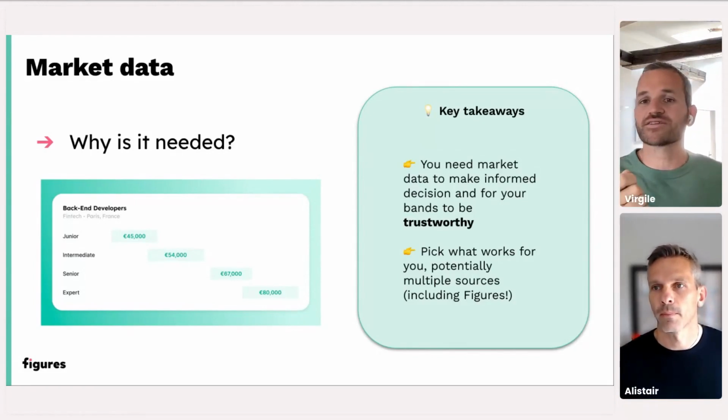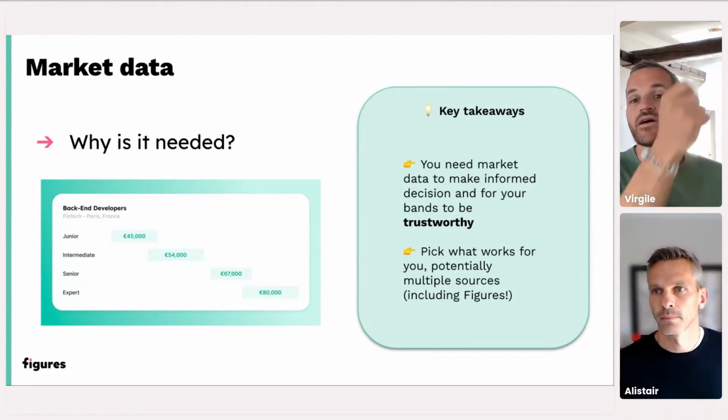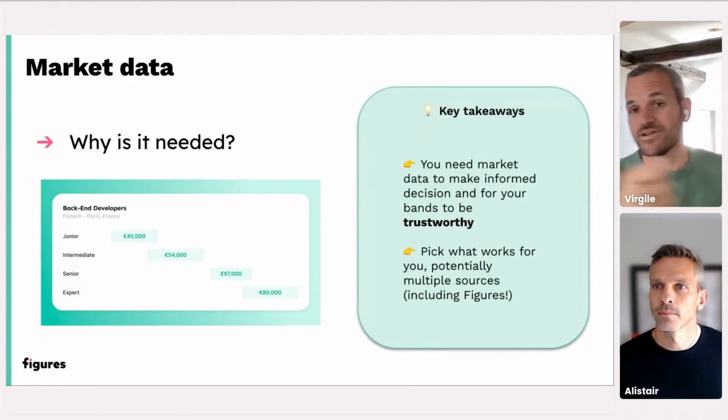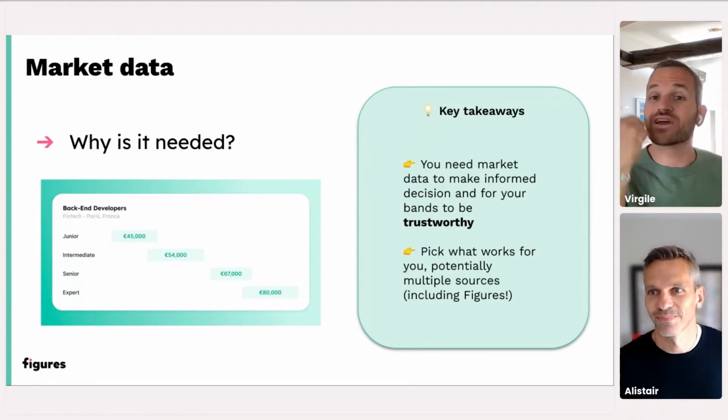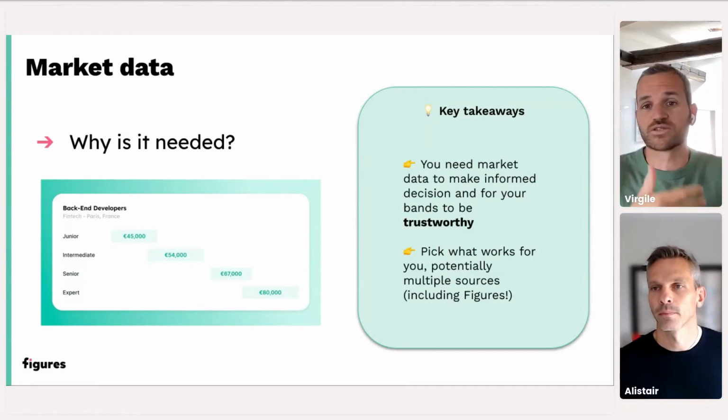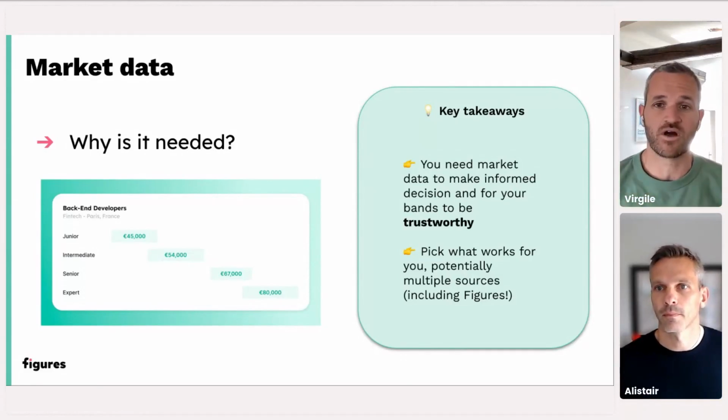You have much less credibility than by saying, I built those salary ranges using best-in-class market data, like Figures, or whatever you want. That gives credibility to your salary ranges. If you don't, they will lose credibility, and you will spend time arguing with candidates, employees, and managers over the credibility of your salary ranges.